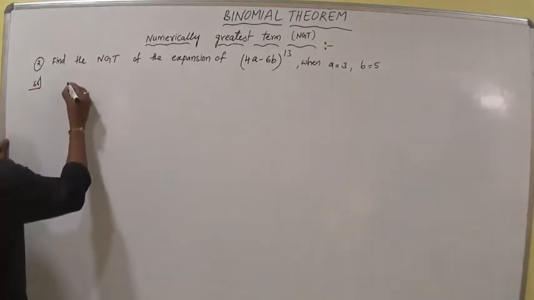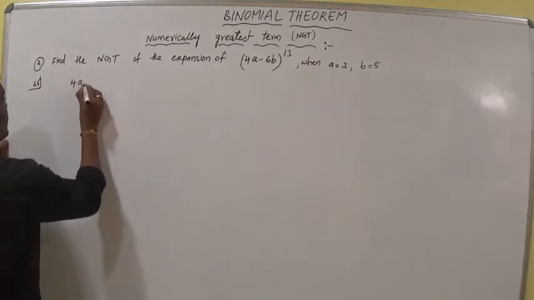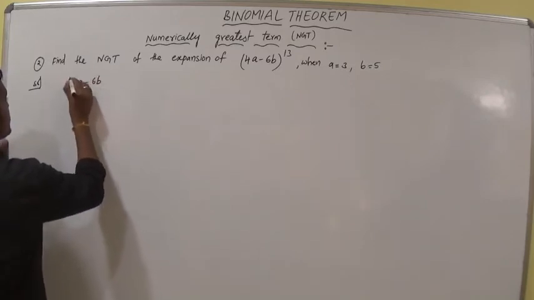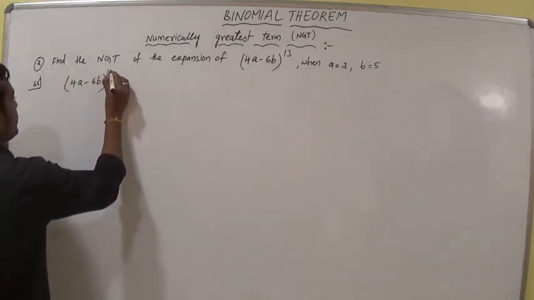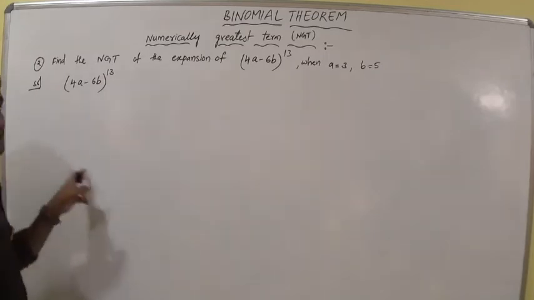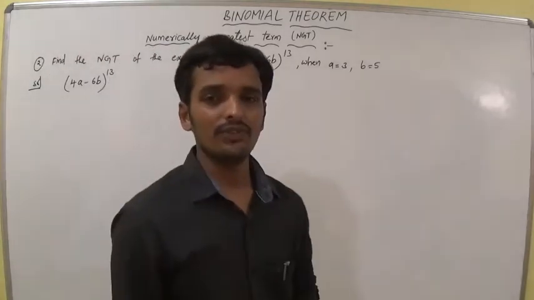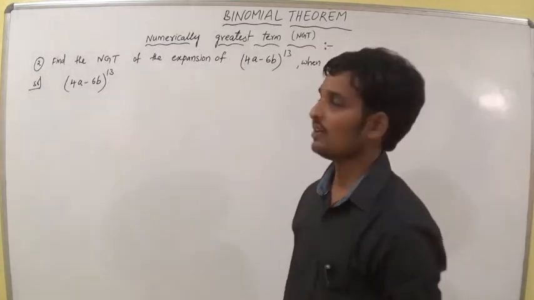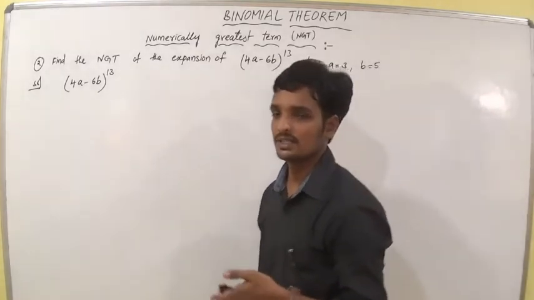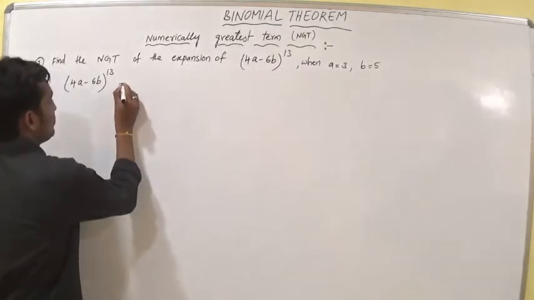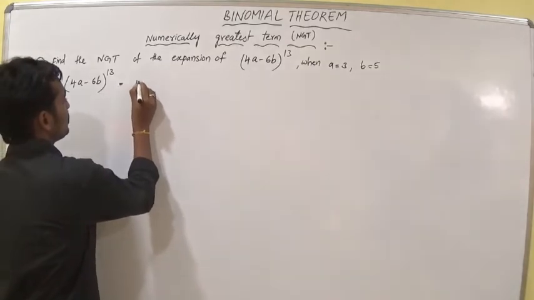The given expansion is (4a minus 6b) whole power 13. This is not in the form of (1 plus x) whole to the power of n, so we can change it into that. That means, can you tell me?